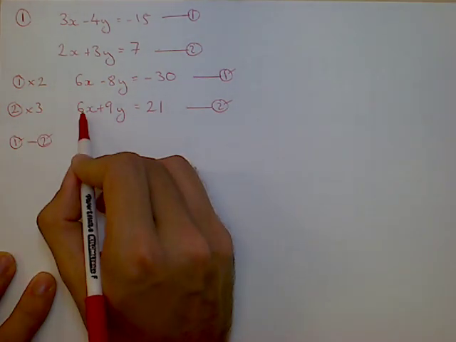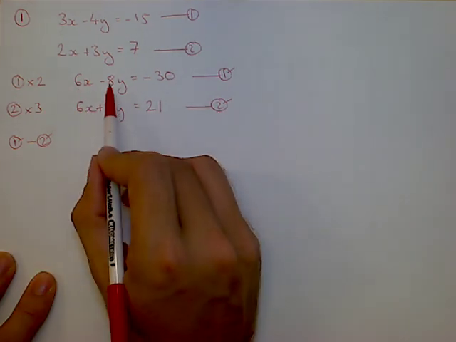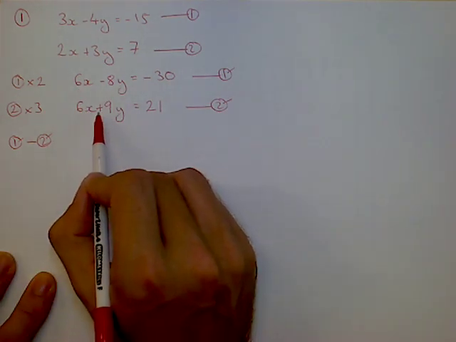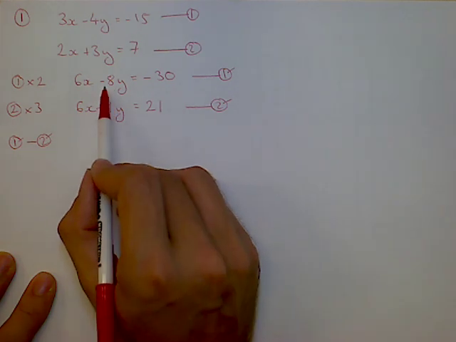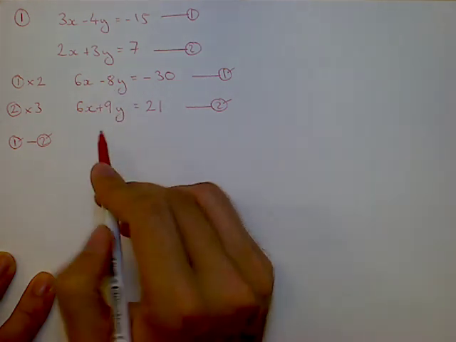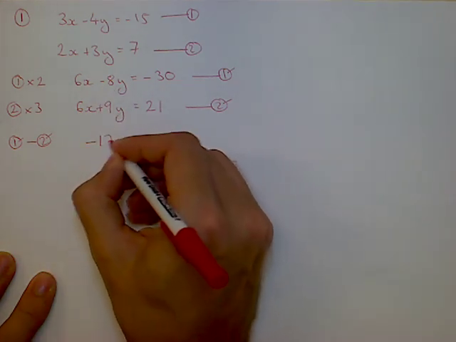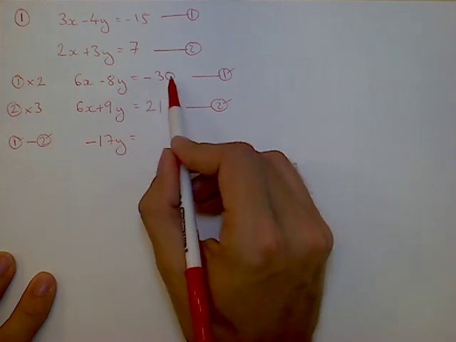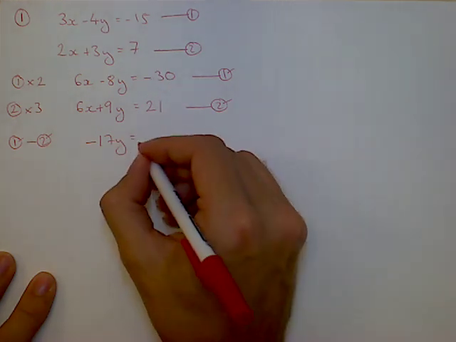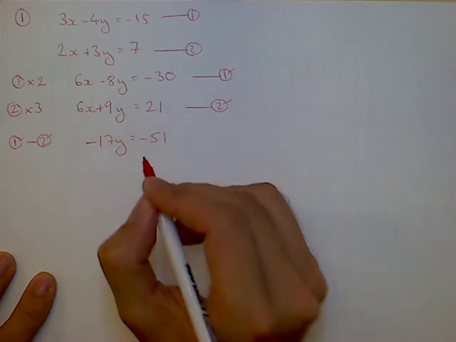So 6x take away 6x is nothing. Minus 8y take away positive 9y means that I'm doing minus 8y taking away 9y, so that's going to be minus 17y, and then I'm doing minus 30 take away 21, which is minus 51.